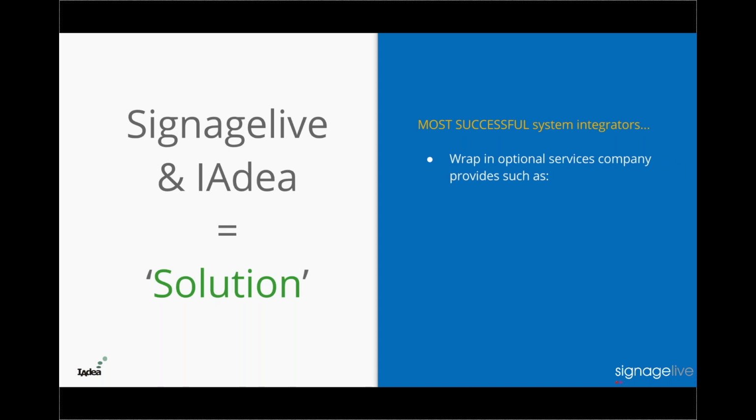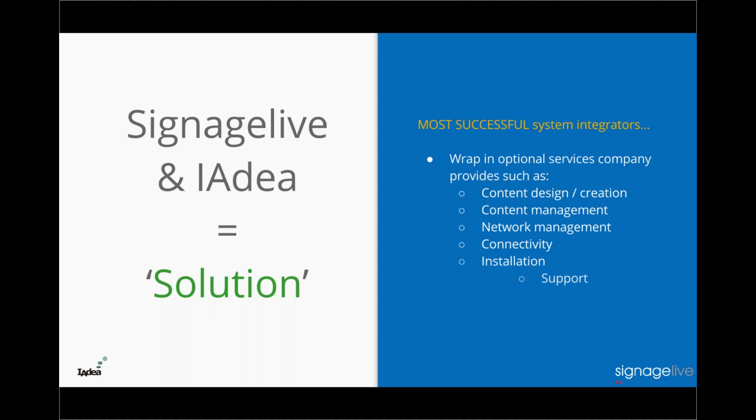The reason is because they are wrapping in optional services for the companies that they represent, whether that is content design and creation, content management, or network management, connectivity and support. It is important that you can provide a modular option to that customer.